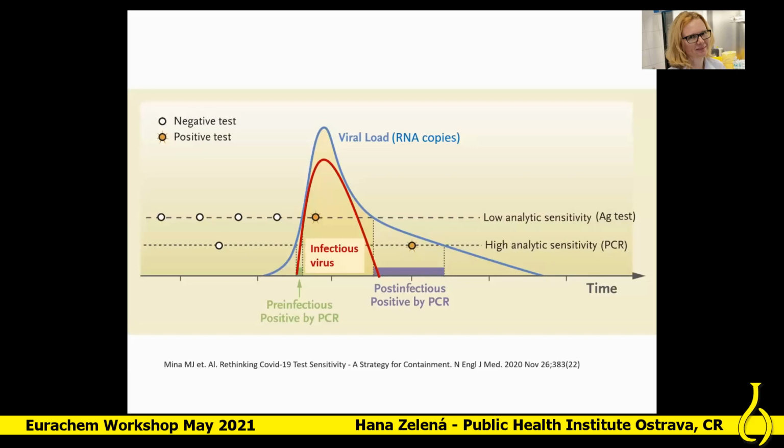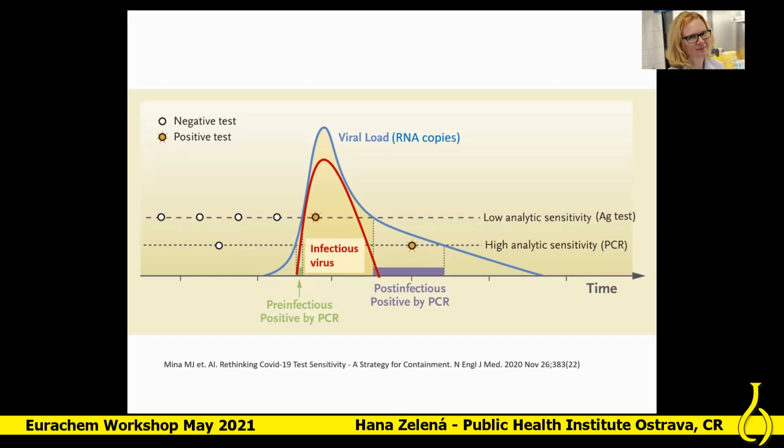So in this graph, you can see the advantages and also disadvantages of both methods for detection of infection. In this line, you can see the time. So the infectious virus is present in this time. The infected patient produces infectious viruses for a relatively short time.